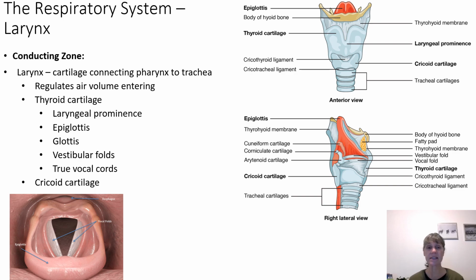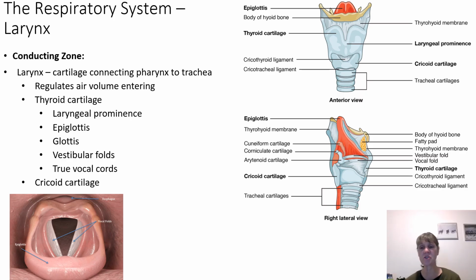The larynx is made up of thyroid cartilage, which is hyaline cartilage, and there's a prominence that sticks out anteriorly on the thyroid cartilage known as the laryngeal prominence. Also involved in the larynx is the opening called the glottis, and if you look at this lower picture on the left-hand side, you'll see the opening to the trachea, and the opening itself is known as the glottis.